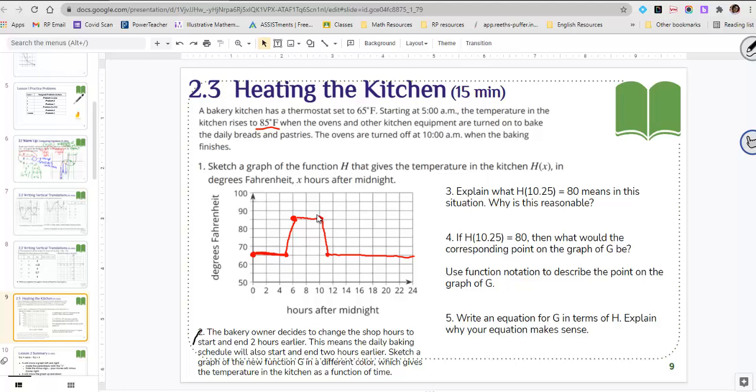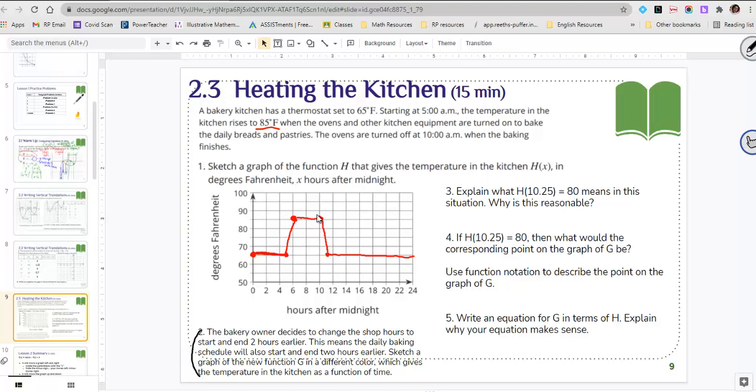If the bakery owner decides to change the shop hours, they want to move everything 2 hours earlier. Everything is going to shift 2 hours to an earlier time. So everything is moving 2 hours.